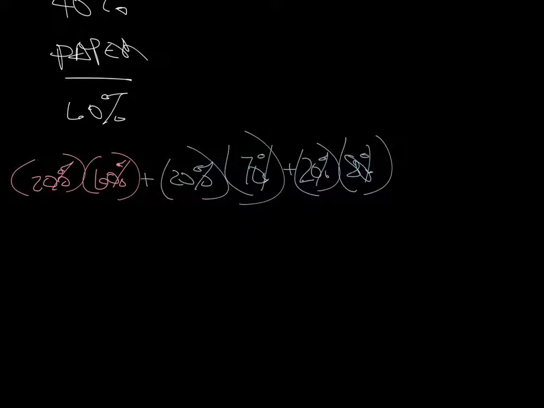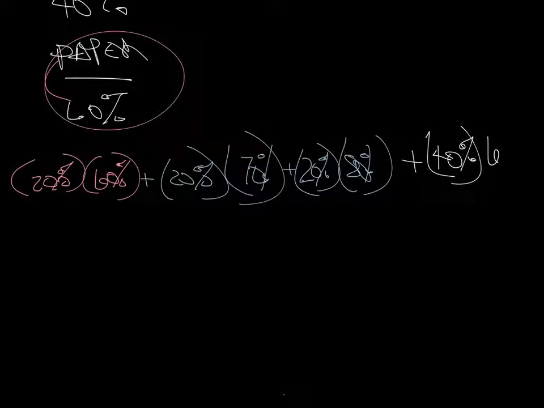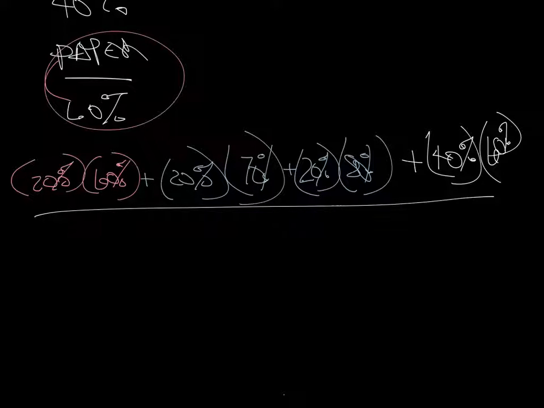Now, on his paper that he did right here, what was that worth? That was worth 40% of his grade. So we'll do 40%. And what did he get on his paper? He didn't do very well. He got a 60% on it. And then that is going to be over 20%, 20%, 20%, 40%.